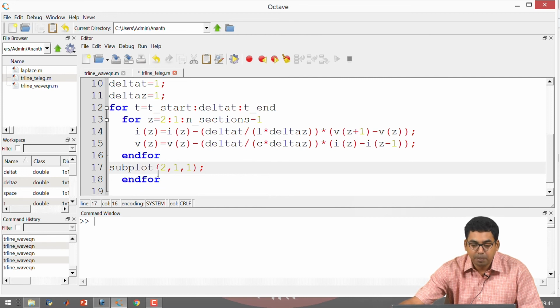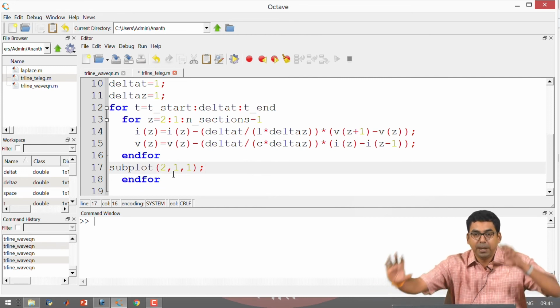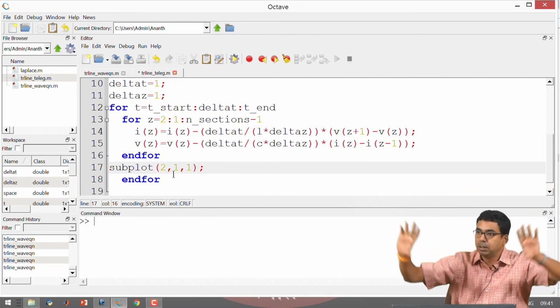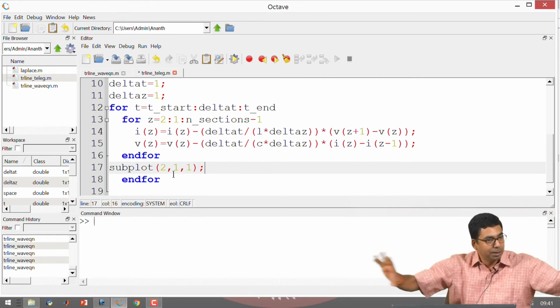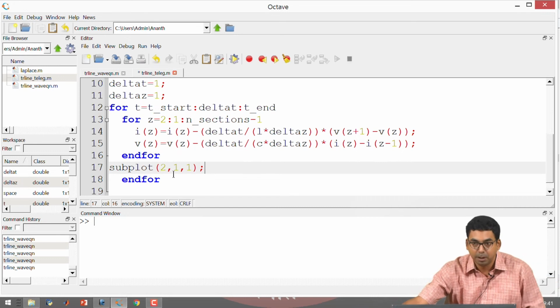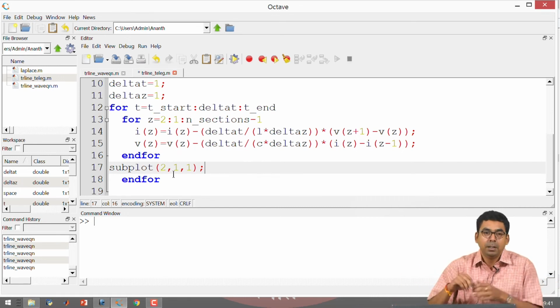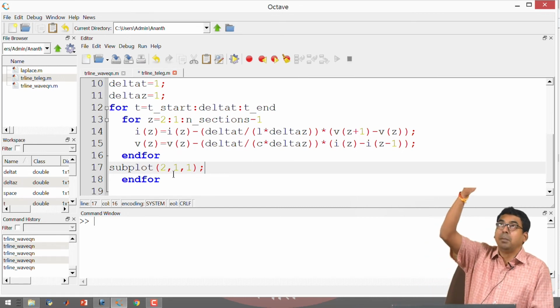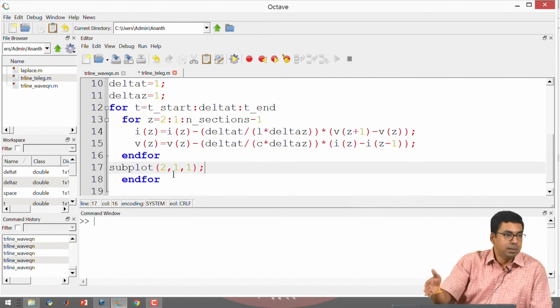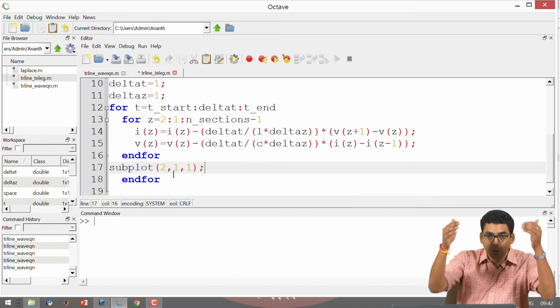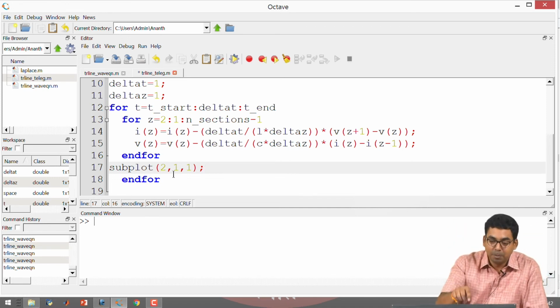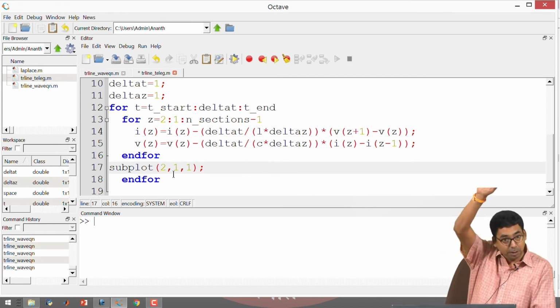When you divide your plot into 2 rows and 1 column, you will be having a plot on the top of your screen, plot in the bottom of the screen, 2 rows, 1 column, because there is only one on each, on the top and the bottom. And then once you divide it, you have to call it as plot number 1 is on the top, plot number 2 is the bottom. So, subplot of 2 comma 1 comma 1 means that I am dividing it into 2 rows, 1 column, and I am going to be talking about the first one on the top.